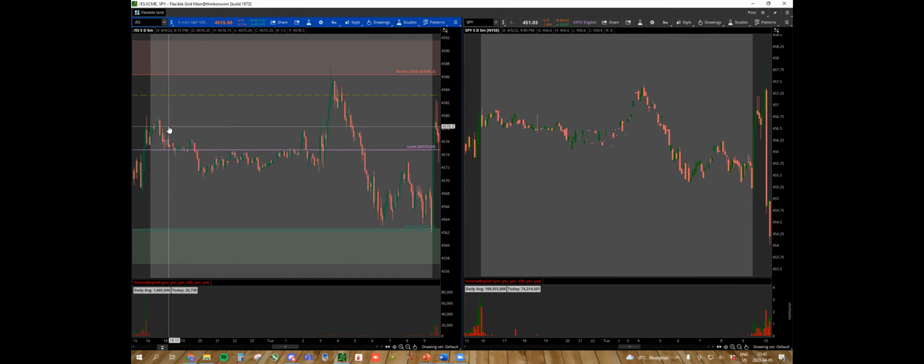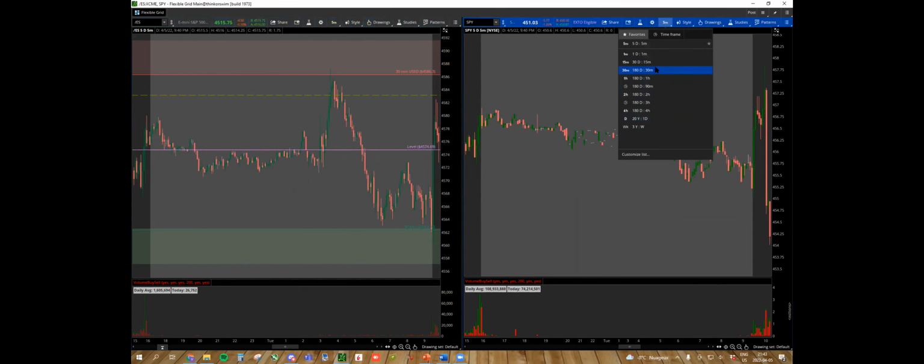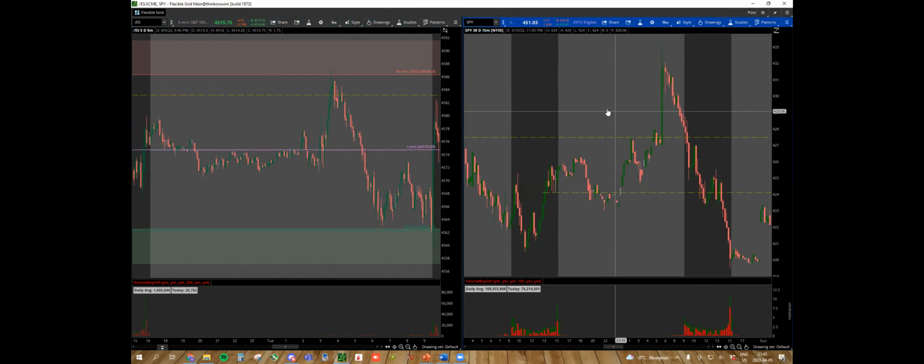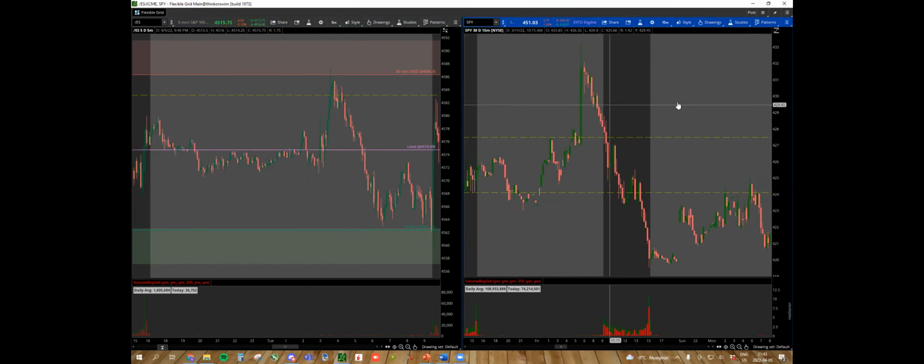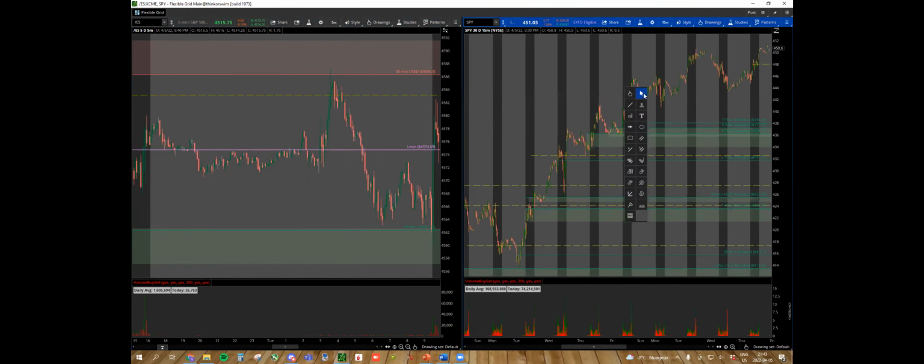Obviously, there's not a lot of volume on ES either, but there's way more than on SPY. And that makes it harder for me to spot zones and levels on that type of action.